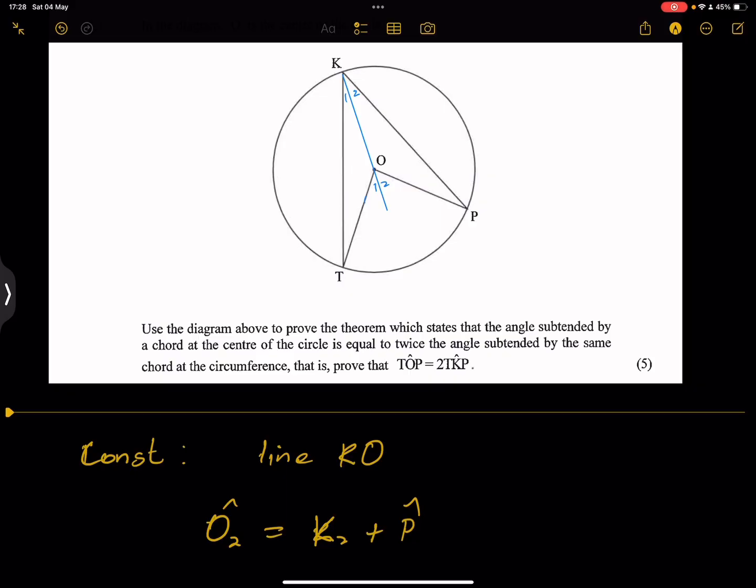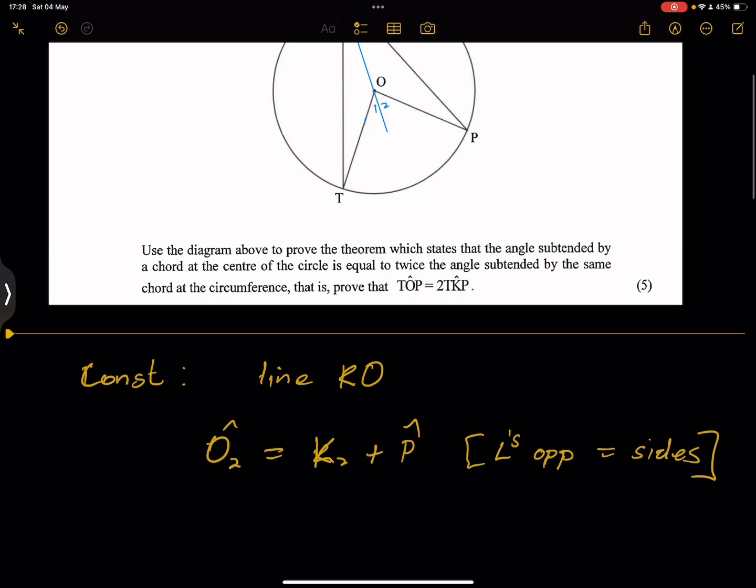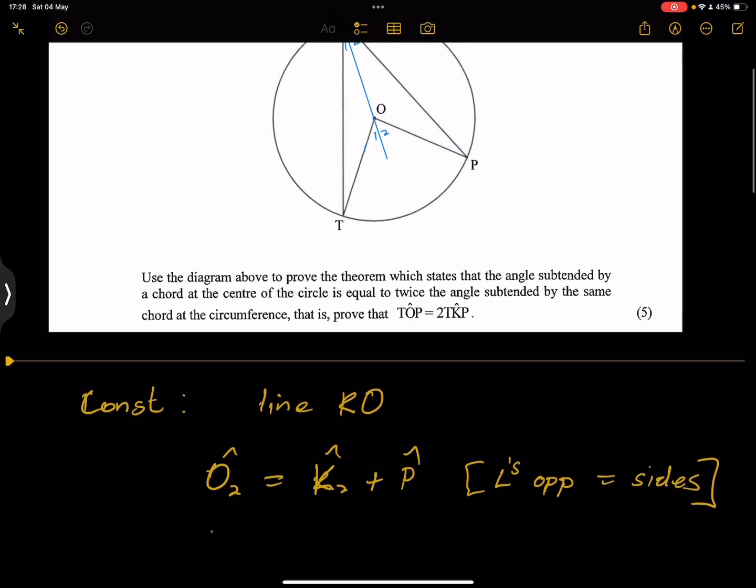So O2 would be K2 plus P. Why is that? These are angles opposite equal sides, right? And please remember that we know in this case that OK is equal to OP because they are radii. So O2 equals angle K2 plus angle P. But remember that K2 is equal to angle P.